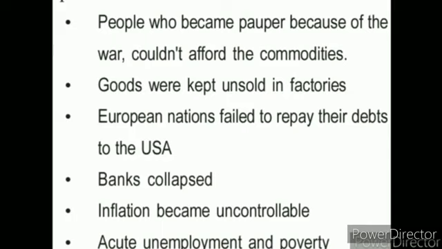Third, European nations failed to repay their debts to the USA. Fourth, banks collapsed. Inflation became uncontrollable, acute unemployment, and poverty. To overcome this situation, European powers imposed huge taxes on colonies.